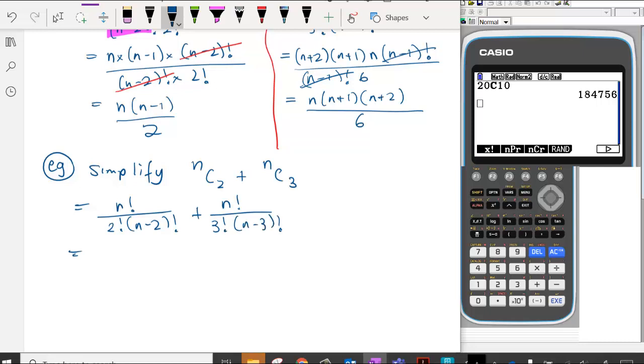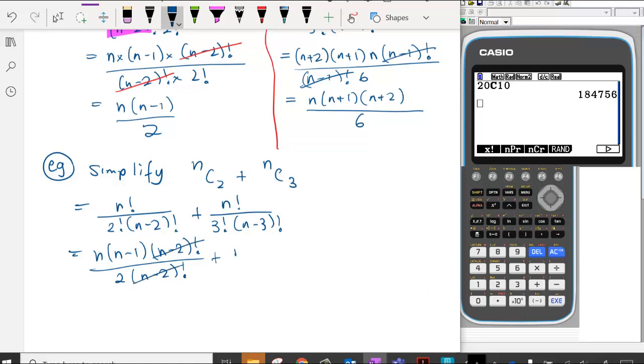So n factorial in this first fraction will be n, (n take 1), and then (n take 2) factorial over 2 and (n take 2) factorial. Now we can see that they cancel.